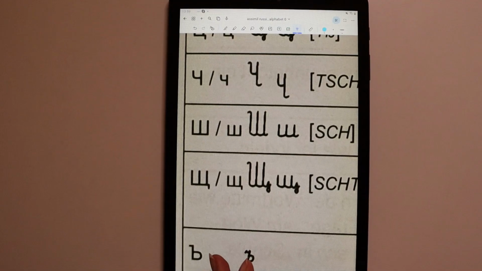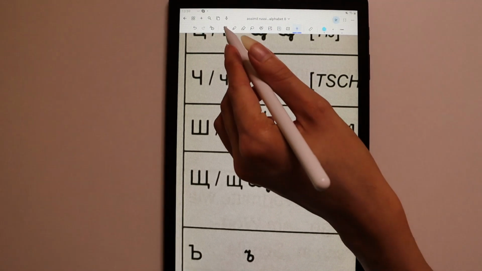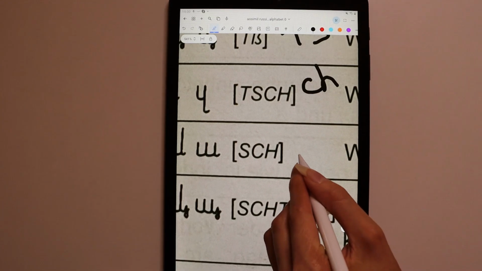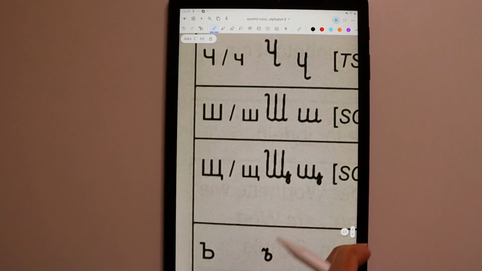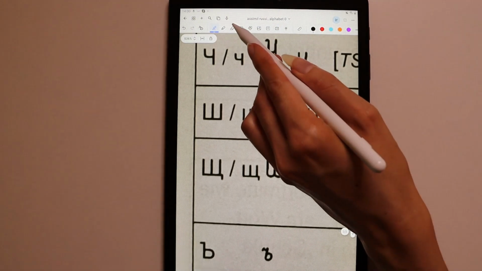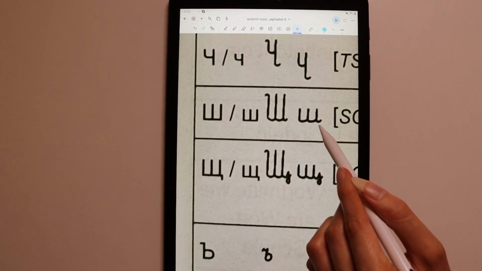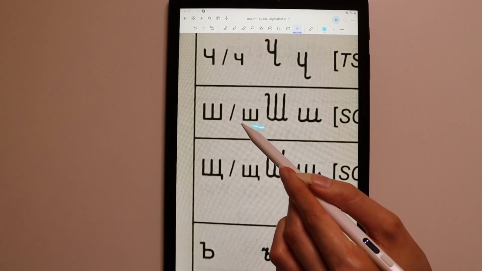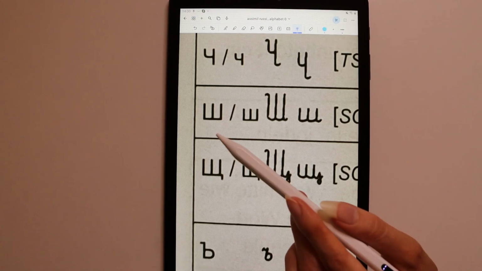Sha. Sha is a sh sound. Sh, as in shut, as an example. Sha. And you again can see why the cursive forms look like this. And again, the lowercase letter looks like the uppercase letter, but is slightly smaller.